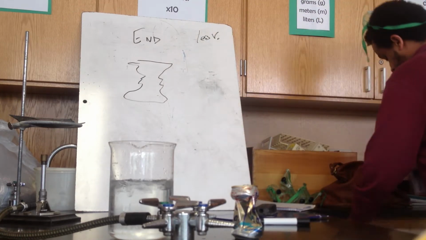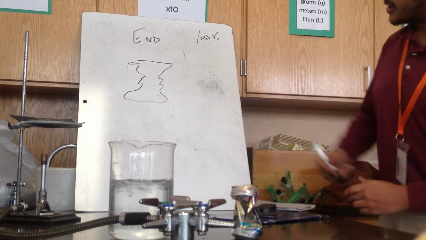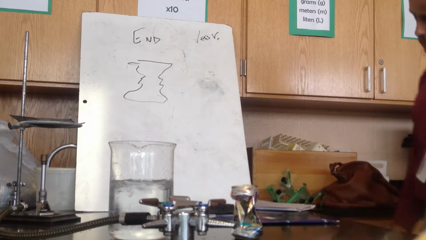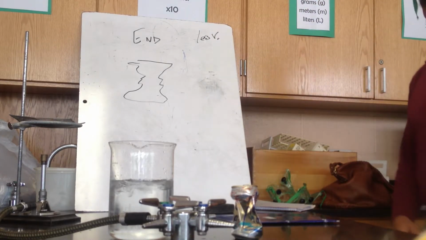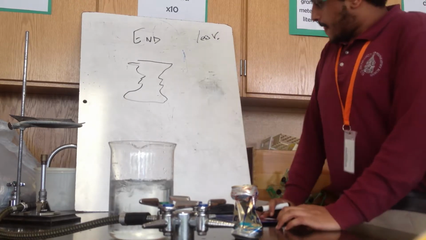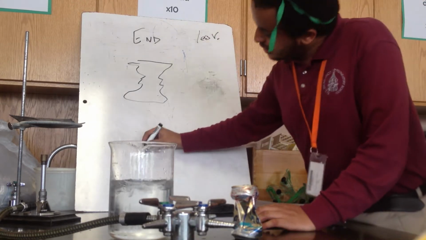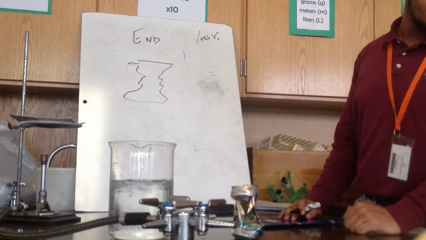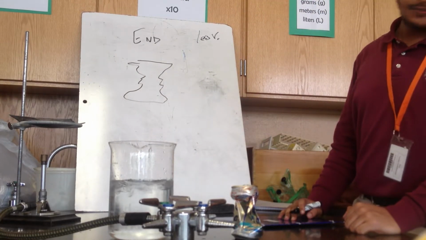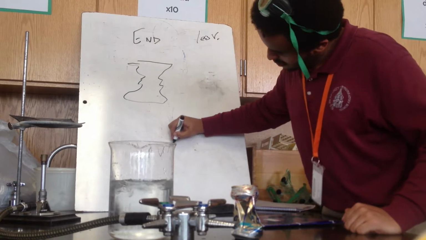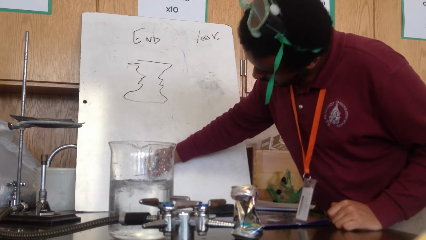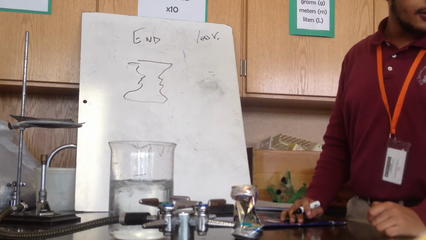So this is the end, right? I told you there's less volume compared to the beginning, right? So when there was more temperature, did we have more volume? And Daniel, when we have less temperature, what do we have?